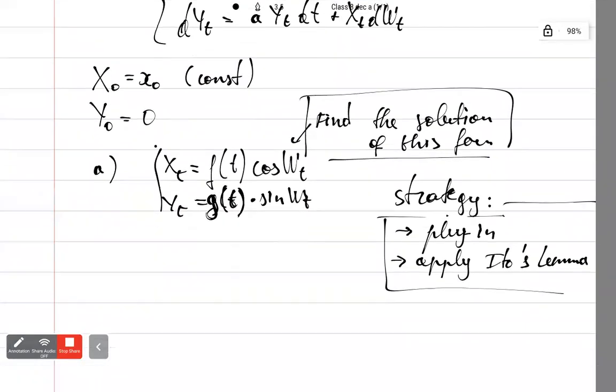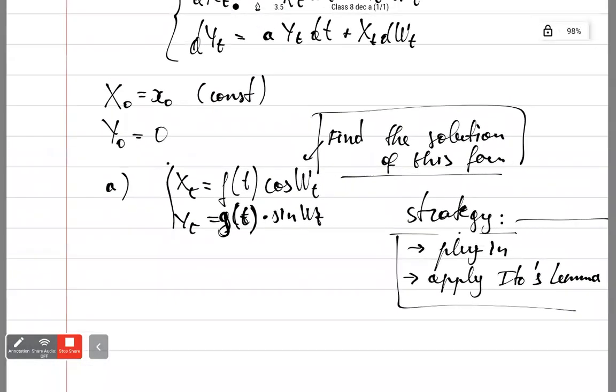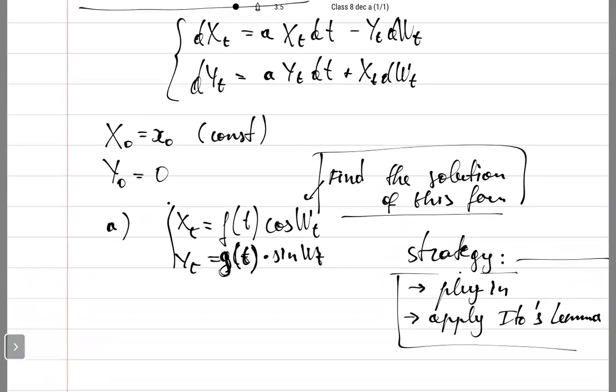We just plug the proposed solution into the equation. Let's do it.